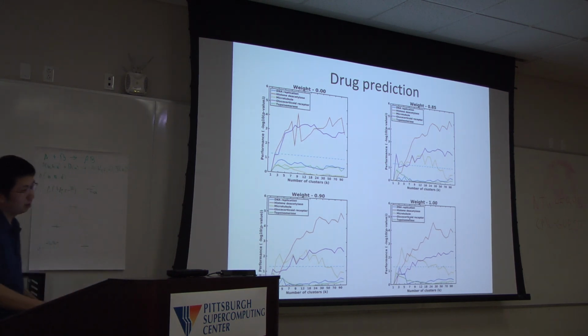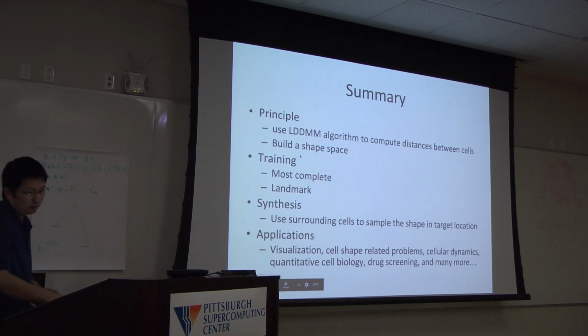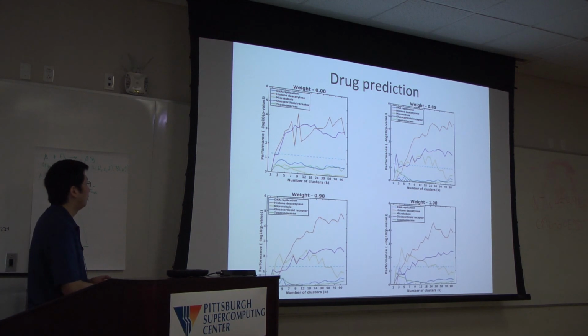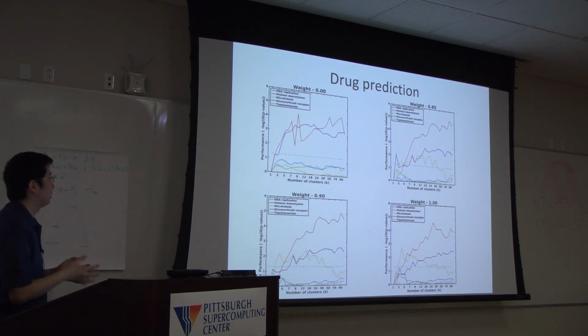Here 0 means only using the feature from their paper, here we use only the diffeomorphic feature, and here are the linear combinations between the features. The dashed line means the p-value of 0.05; if a result is above this line, the prediction is significant.